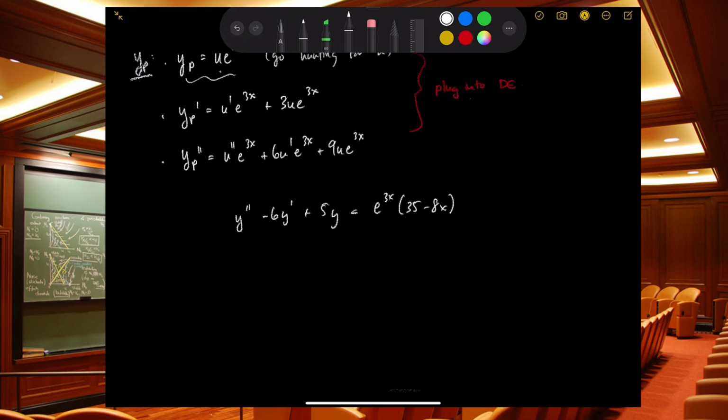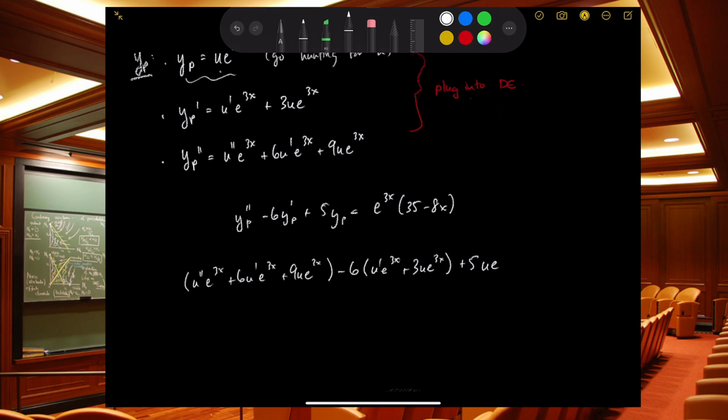And so we plug in what we've got. So y double prime for our particular solution is going to be like this: u double prime e to the 3x plus 6u prime e to the 3x plus 9u, minus 6 times y prime, plus 5y.